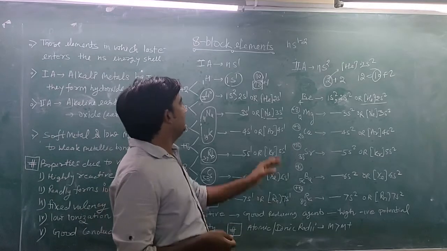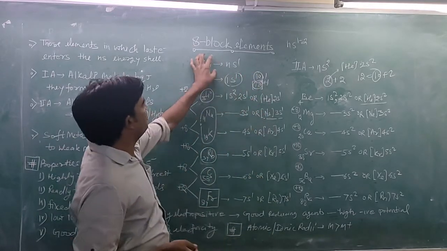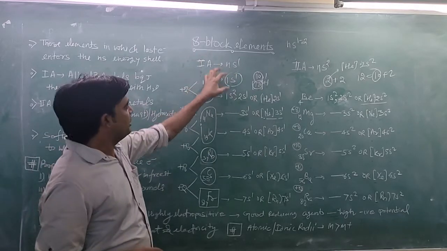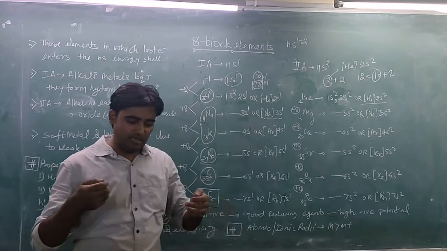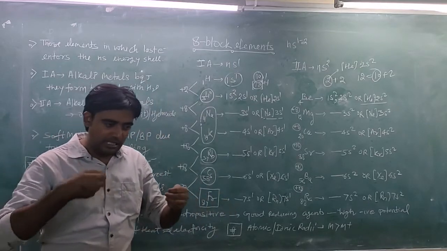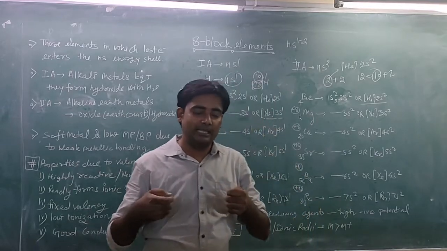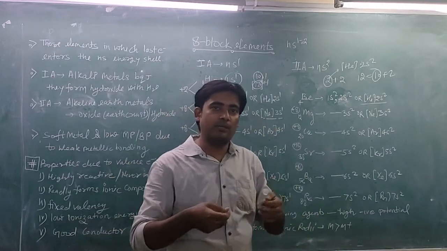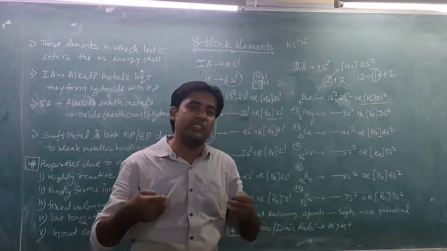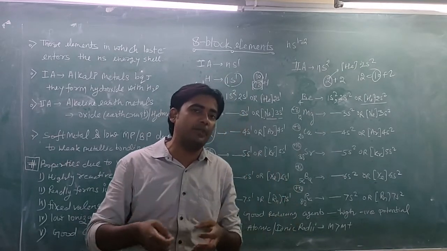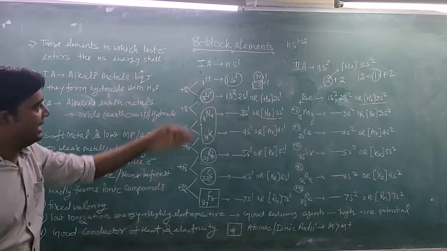Because if we talk about first A group only, the first A group elements have one electron in their valence shell, and when they interact with each other in a metallic bond, the metallic bonding is very weak because of the poor electron density in the valence shell of s block elements.